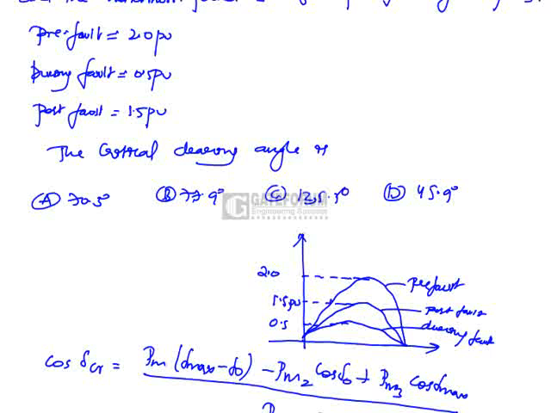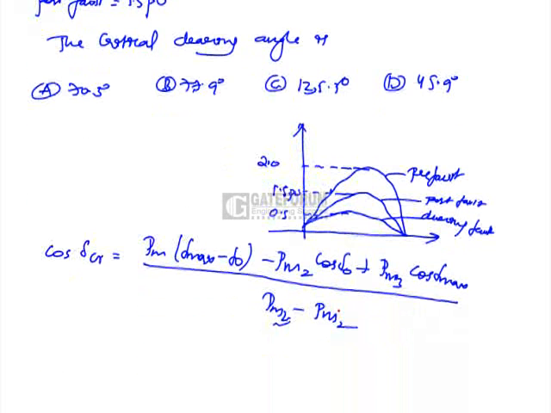This is the formula for finding the critical clearing angle, where delta naught is the initial angle. Initially it is delivering 1.0 per unit, so delta naught is sine inverse of PM by PM1.